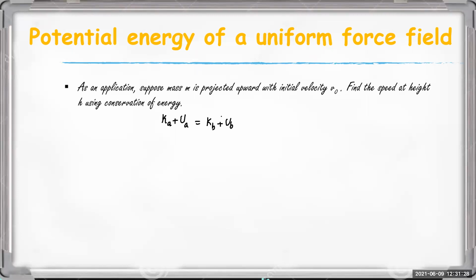Here, the mass is projected from the ground, and we have to find the speed at a height h. So for the ground level, I take K0 plus U0, that is equal to, in the place of Kb, K of h plus U of h.